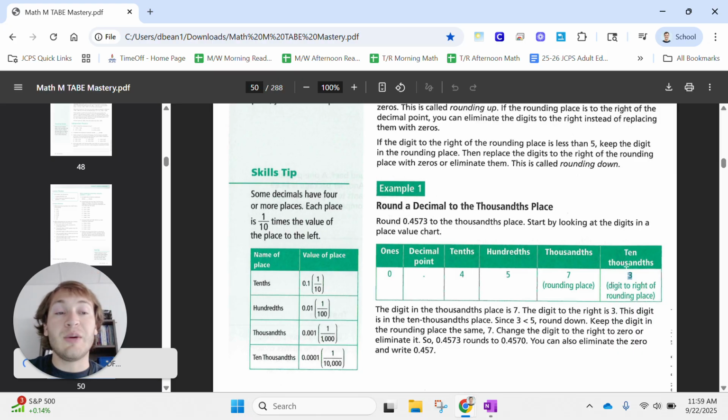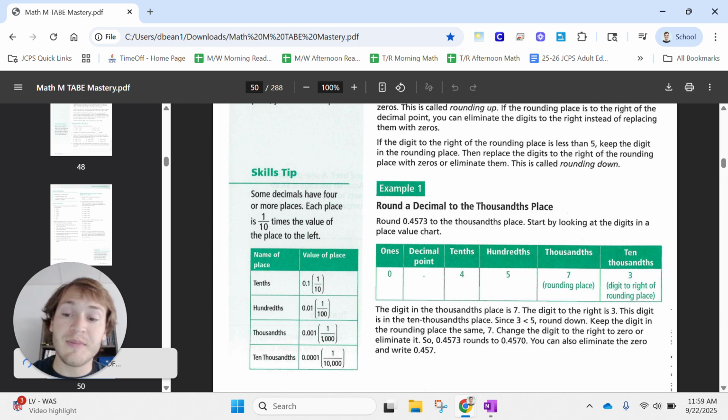Now we ask ourselves, is 3 greater than or equal to 5, or less than 5? It's actually less than 5, which means we're rounding down. So when we round this, it's going to be 0.457.